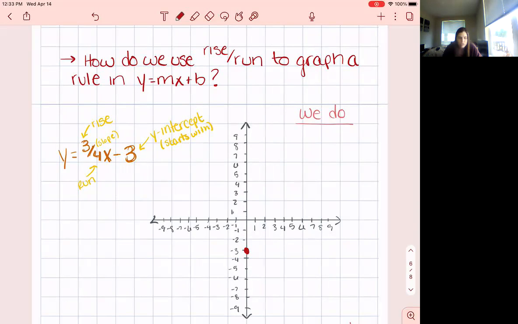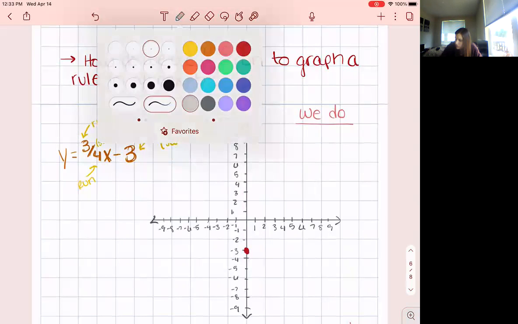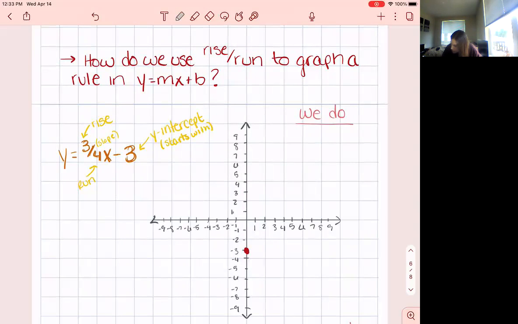From there, we just do rise over run. So my rise is 3. So I'm going to go up 1, 2, 3. There's your rise of +3. My run is 4. So from there, I'm going to go over 1, 2, 3, 4. And that's where you're going to put your next dot.